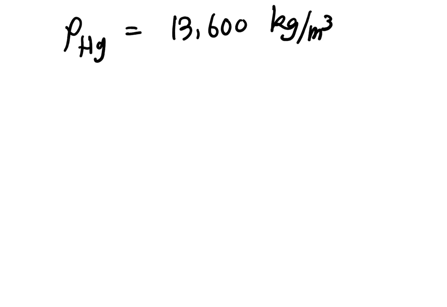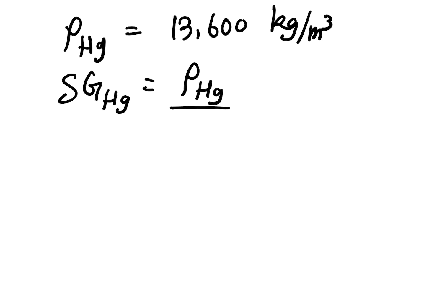For example, the density of mercury is 13,600 kilograms per meter cube approximately. So the specific gravity of mercury is the density of mercury divided by the density of water at 4 degrees Celsius, which happens to be 1000 kilograms per meter cube, so that the conversion is easy.